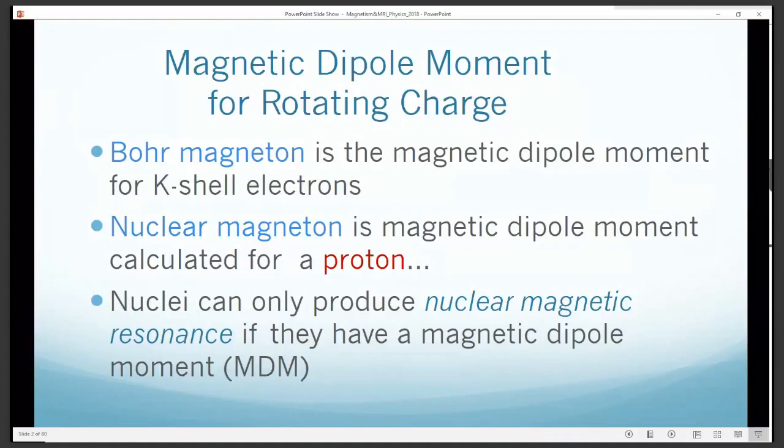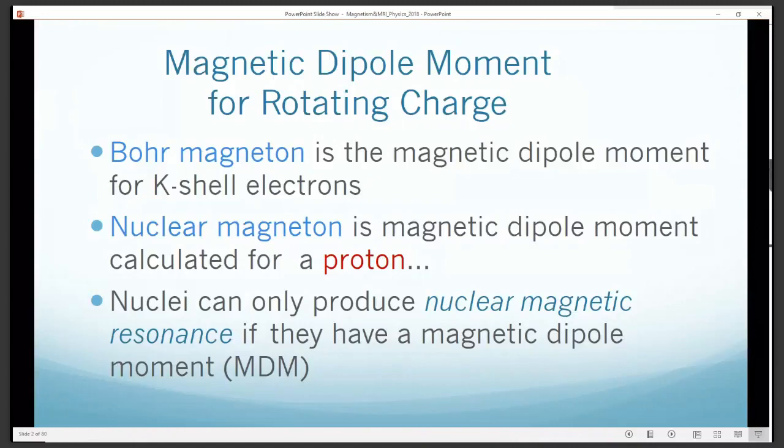The quantity of magnetism in nuclei and in electrons is given special units called the Bohr magneton and the nuclear magneton. The Bohr magneton is the magnetic dipole moment for K-shell electrons, while the nuclear magneton is the magnetic dipole moment calculated for a proton.